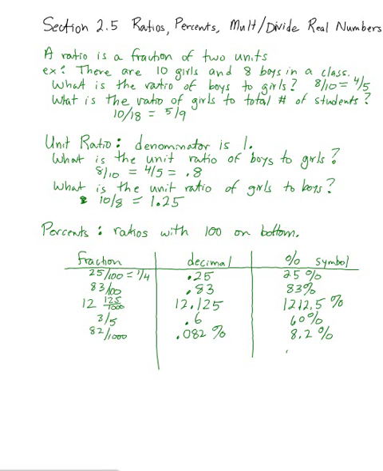How about last one of these? How about 0.004%? Now you got to be careful here. A lot of people would write this as a decimal. Oh, I see I made a mistake up here. I shouldn't have that percent symbol there. A lot of people would write this as a decimal as 0.4 because they moved the decimal place. Well, you move the decimal place the wrong direction. Remember, if I give you a percent and you want to go to a decimal, you got to move the decimal place to the left.